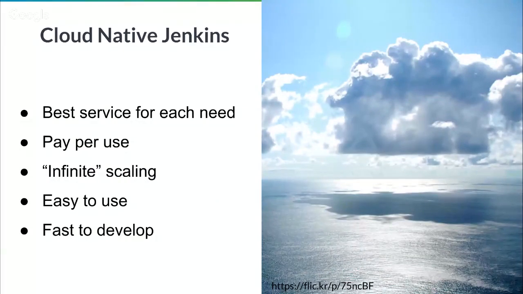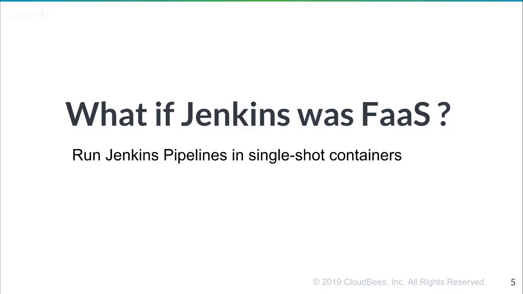Obviously, the vision significantly changed since that time, but there are common things like having continuous scaling, having the opportunity to run Jenkins as a service, and being able to quickly develop things and apply it for custom use cases. And Jenkinsfile Runner was positioned as one of the ways to achieve that.